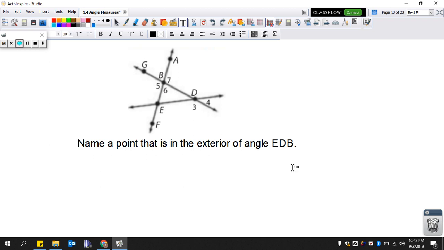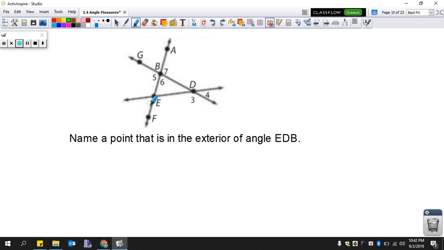Here it says name a point that's on the exterior of angle EBD. Well, angle EBD is this angle right here. And because this ray here extends all the way out, it also extends out through F. So F is actually also another point that's on angle EBF or EBD.